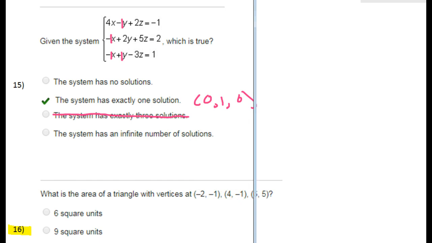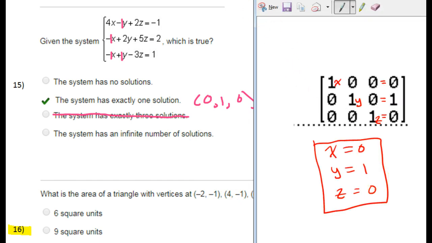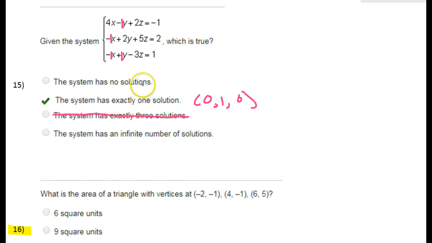Now, quickly, let me show you what it would look like if there were no solution. Okay, maybe I'll just draw this over here. Imagine a matrix like this. Okay, so we have 1, 0, 0, 0, 1, 0. And over here, it doesn't matter what these numbers are.